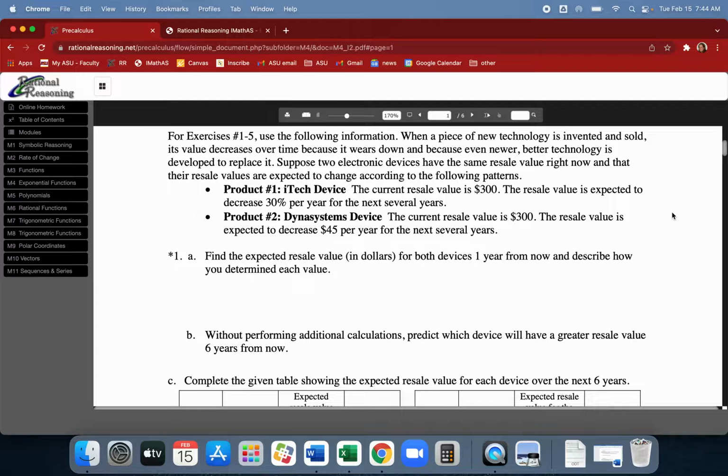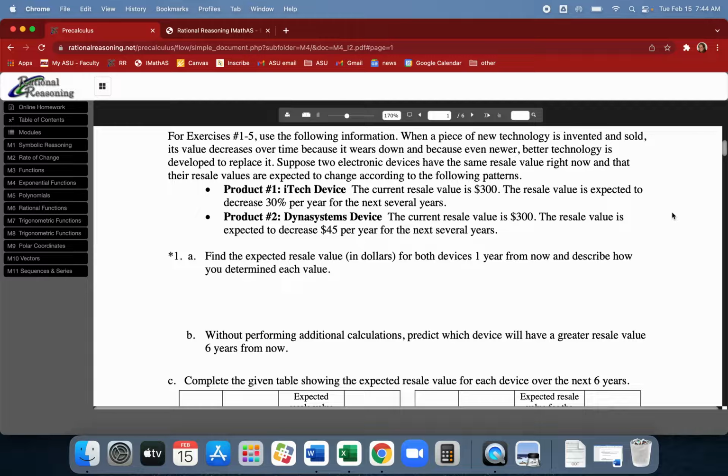The value's 30% less than it used to be. What percent? Yeah, multiply by 0.7. If you've got a value that's 30% less than it used to be, another way to say that is that the new value is 70% of what the old value was.